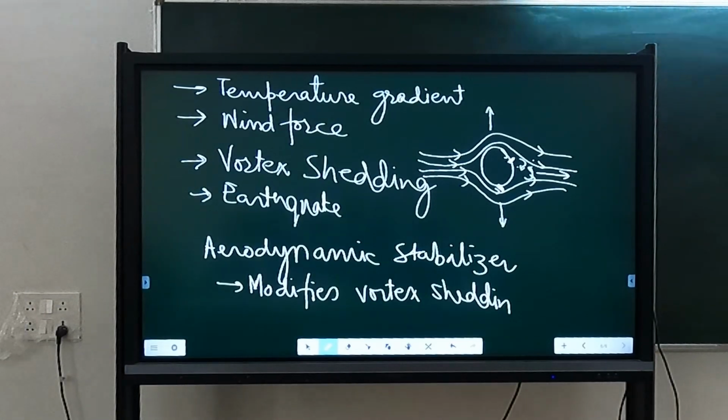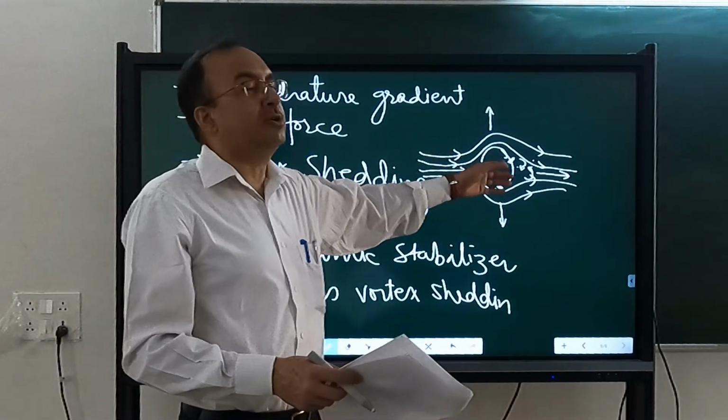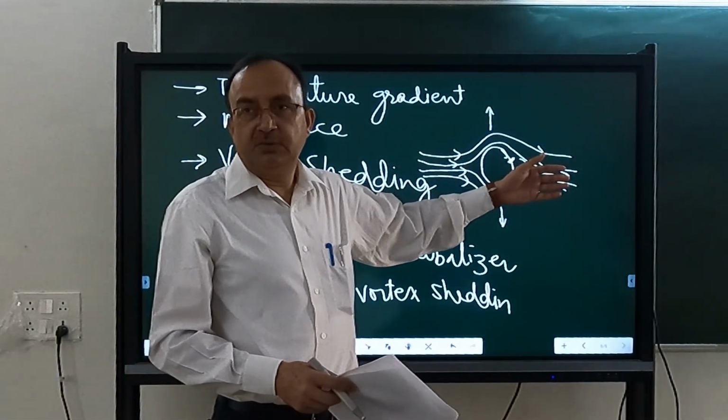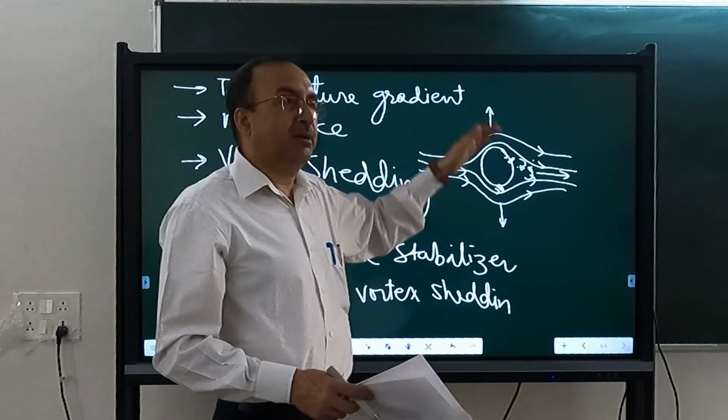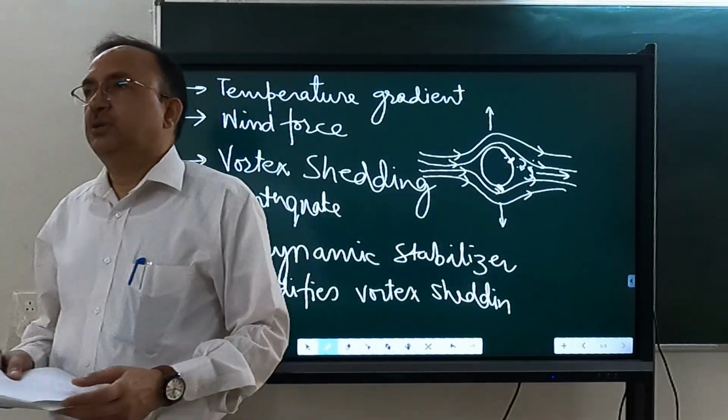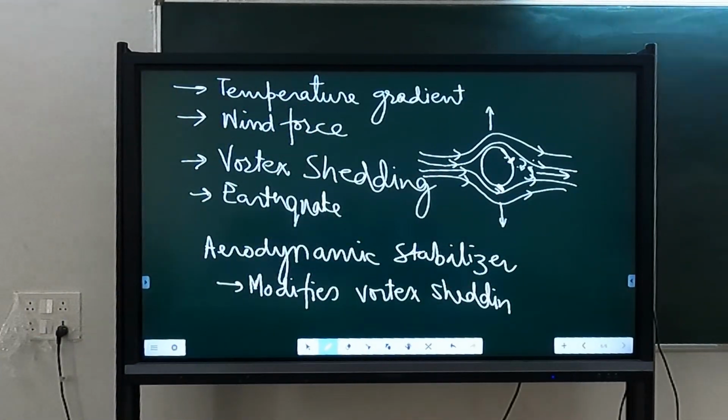Whatever force you are getting, because when we are putting these devices, you can't analytically solve it. We are performing their test in a wind tunnel, and whatever forces we are getting, longitudinal or torsional, we will design. So designing for static forces is easier because forces are not that large that we cannot design. The problem is this harmonic motion, because the harmonic motion goes on building up.